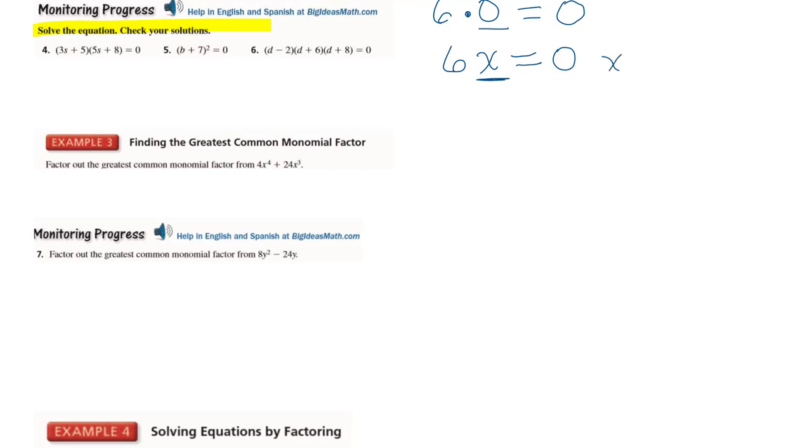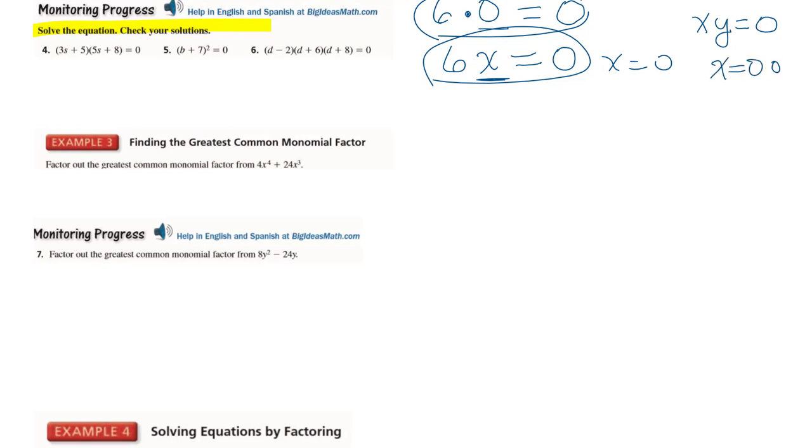Now, what if you have two variables, x and y, and they're equal to 0? Now, you're not sure what either of them is, but here's what you do know. One of them must be 0 because of what we did before. So that means either x is 0 or y is 0, or they both could be 0.